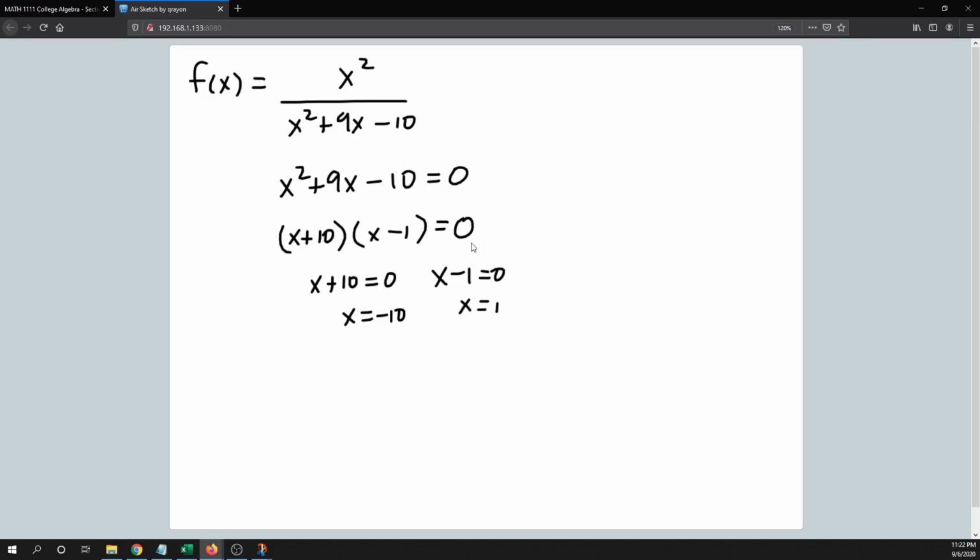So in interval notation, that would be from negative infinity to negative 10, union the piece between negative 10 and positive 1, and the piece to the right of positive 1. Okay. All right, and so that would be the domain of this function.